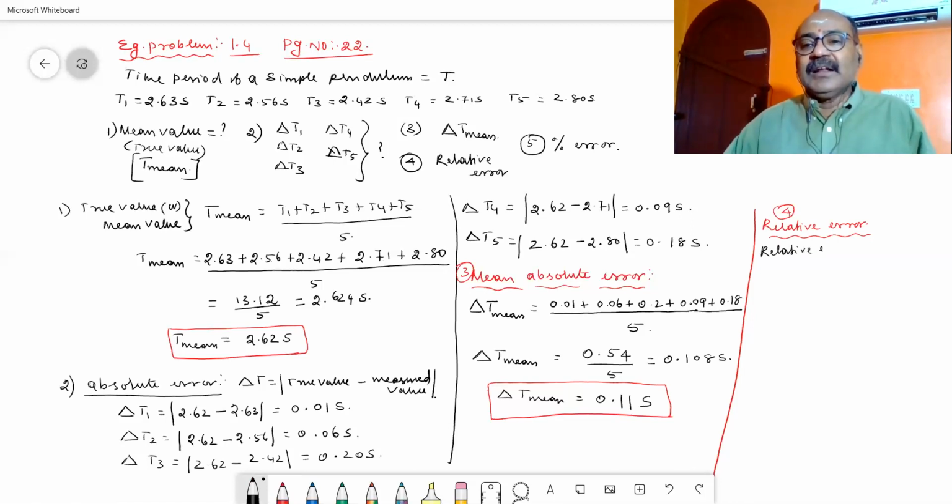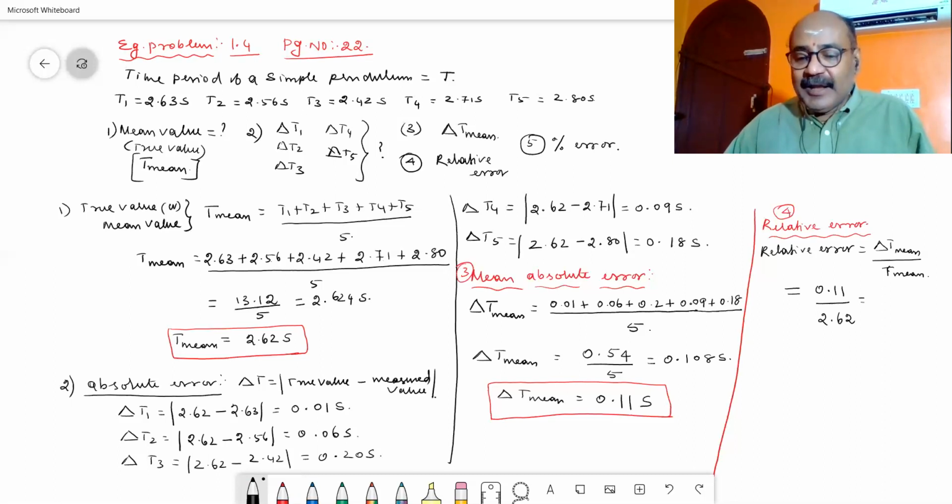We know that relative error is equal to delta T mean, the mean absolute error, divided by the true value or mean value of the time period. Delta T mean is 0.11 divided by T mean, which is 2.62. On dividing this, you will get 0.0419. This is taken to be the relative error.